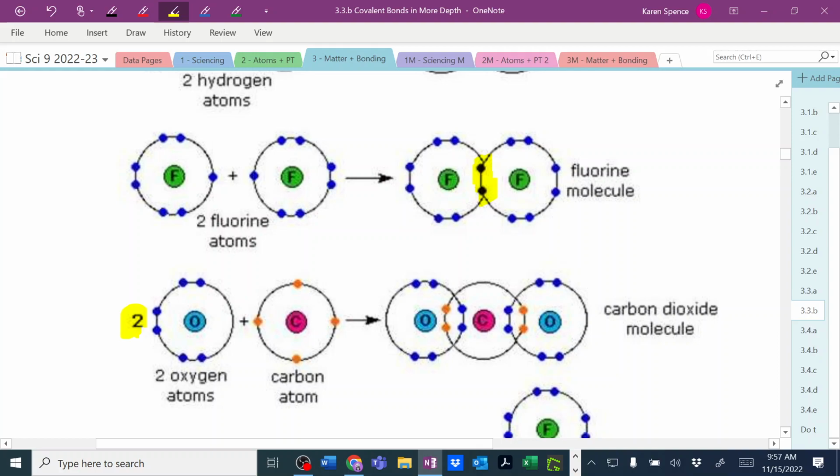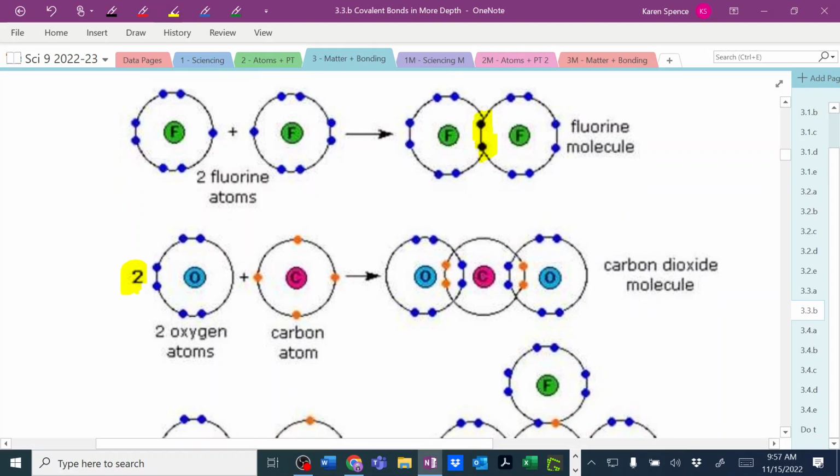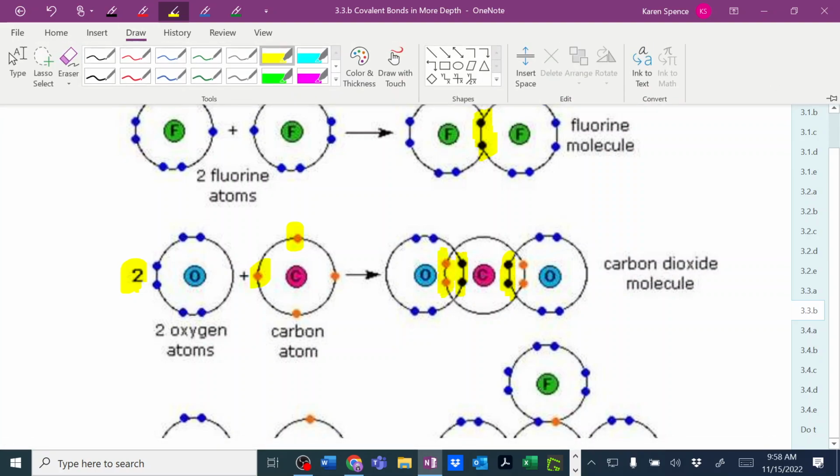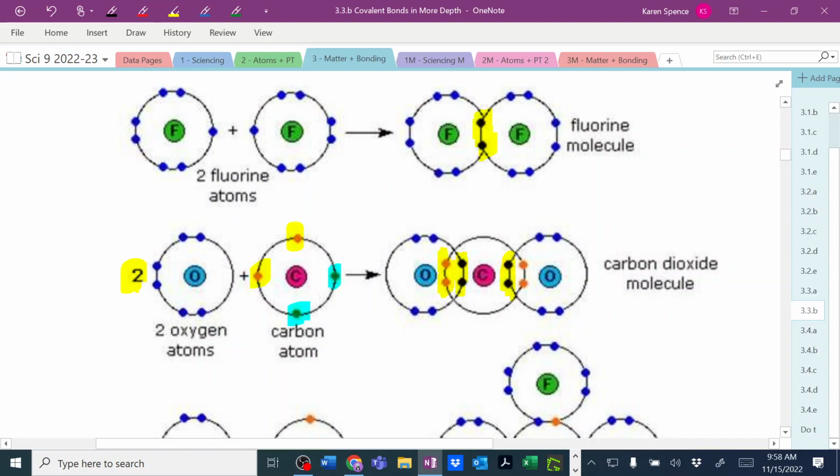One goes on one side of the carbon and shares 2 of its electrons, and the other goes on the other side of the carbon and shares 2 of its electrons, and the carbon here shares 2 with the one oxygen, and it shares 2 with the other oxygen.